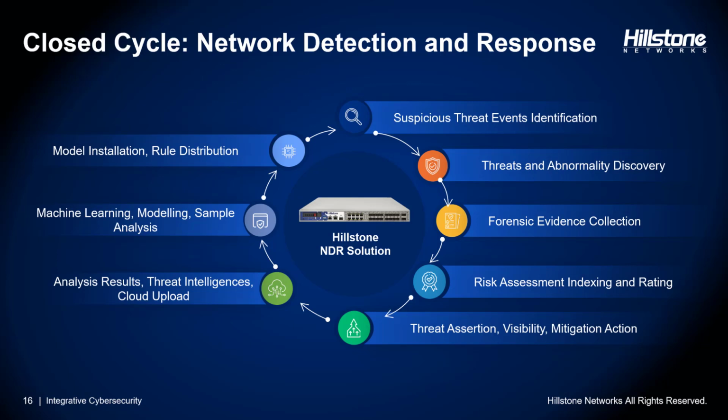Our network detection and response platform operates on a closed-loop system with key capabilities designed to safeguard your enterprise network. We utilize machine learning models and rules to enable the detection and discovery of potential threats and anomalies.